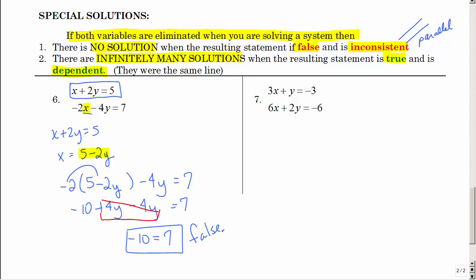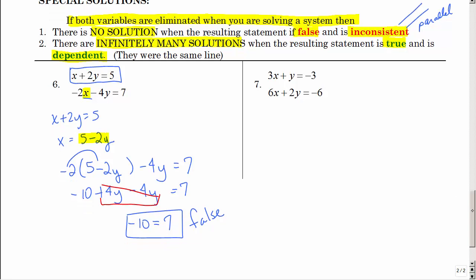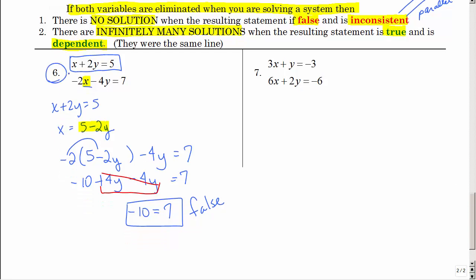Still not done. I haven't answered the question. I'm asked what is the solution to that system? At this point, you could say no solution. Because the lines are parallel, you could stop there. But remember, that also means inconsistent.